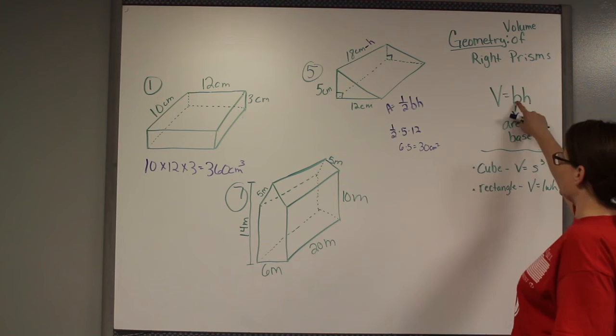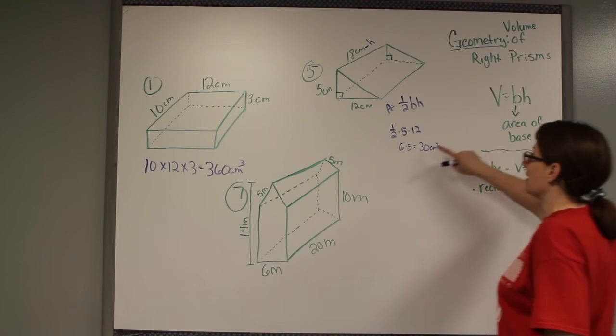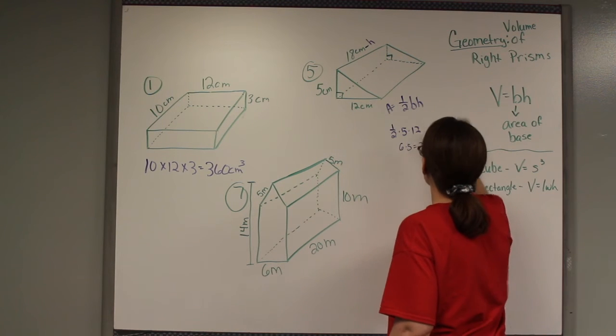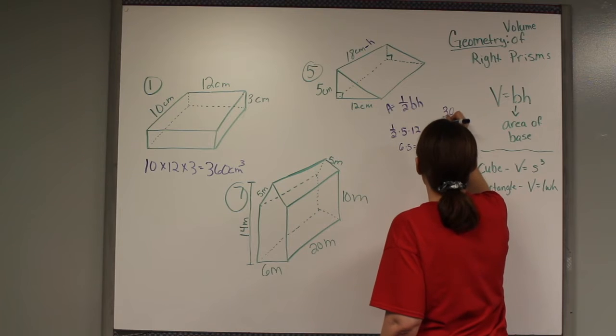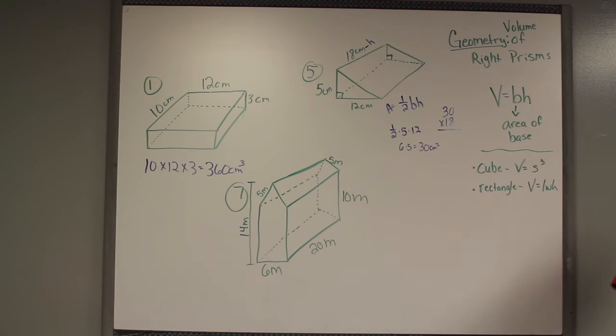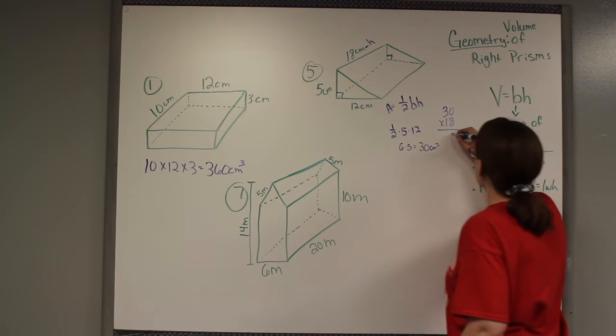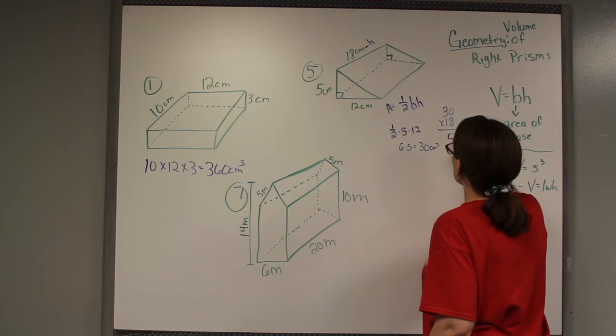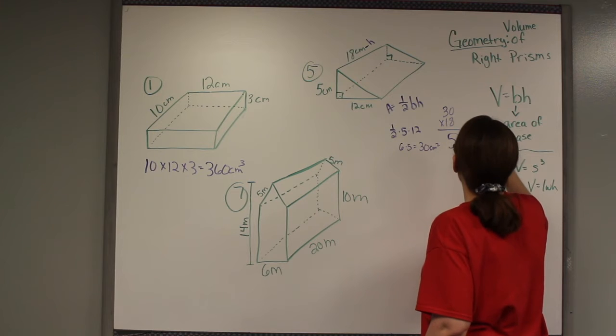But that's just the B in this formula. I need to take that and multiply it by 18. So I get 30 times 18, and I get 540, and this will be centimeters cubed.